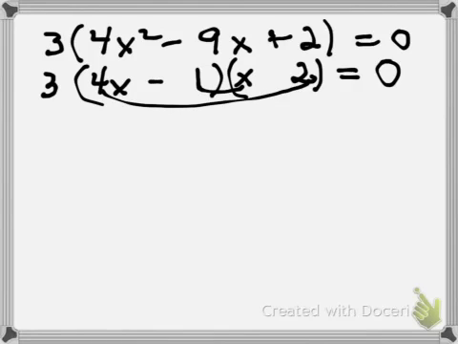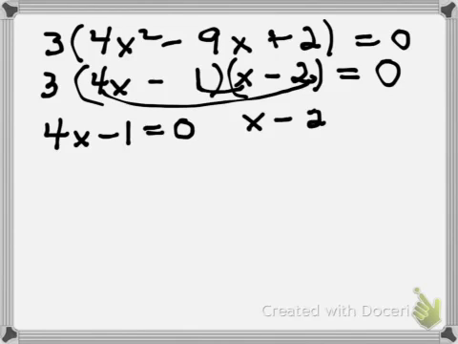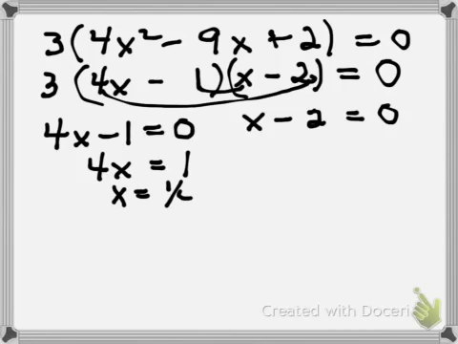If I make both of them negative, I get a negative 9x, and a negative times a negative is a positive 2. I'm not going to set 3 equal to 0, but I am going to set 4x minus 1 equals 0, and x minus 2 equals 0. So 4x is equal to 1, x is equal to 1/4, x is equal to 2. 2 solutions.